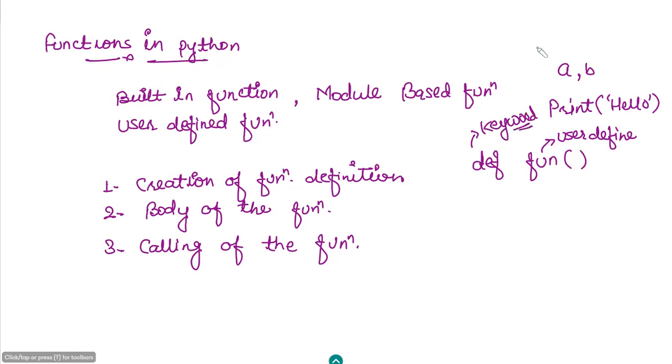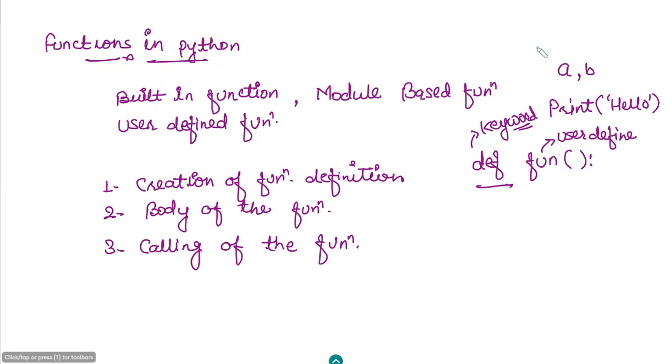Now put the colon sign, then give one tab indentation. What is indentation? Indentation means you start the block of the body of the function. Indentation is represented by white space.